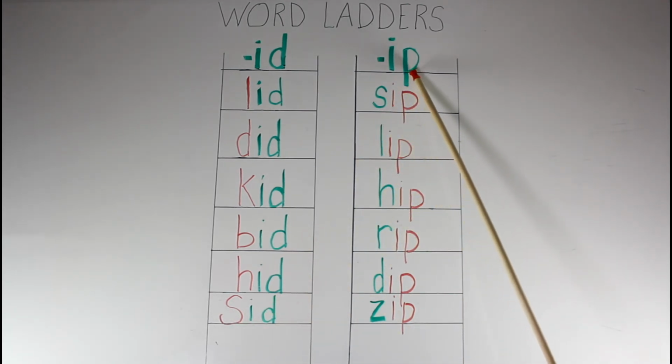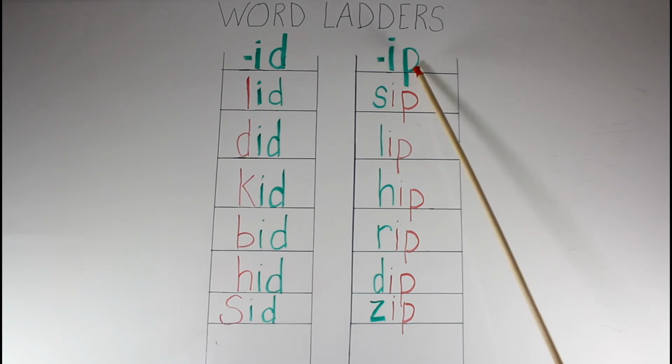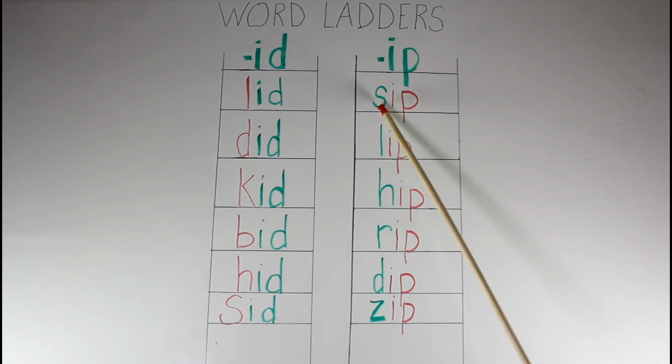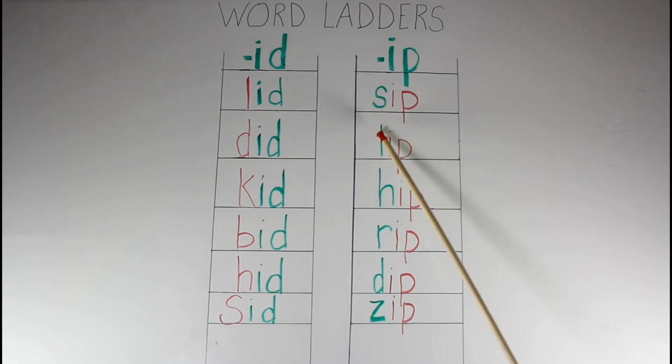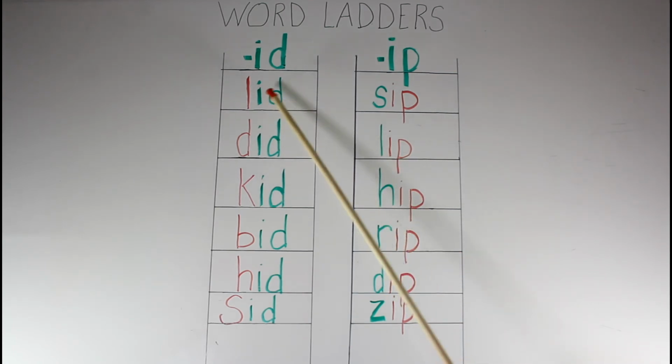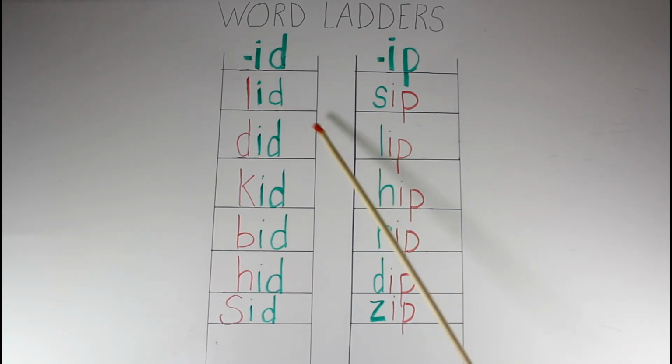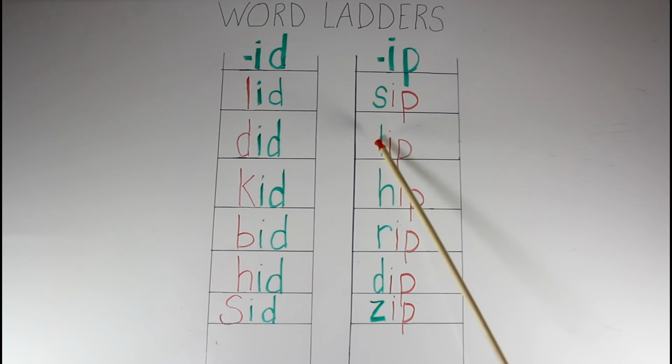Okay, we're going over to IP, which says ip. So we put an S in front of ip, we get sip. Our next one is lip. And notice how these two right here are the same, and we just put a different letter at the end.